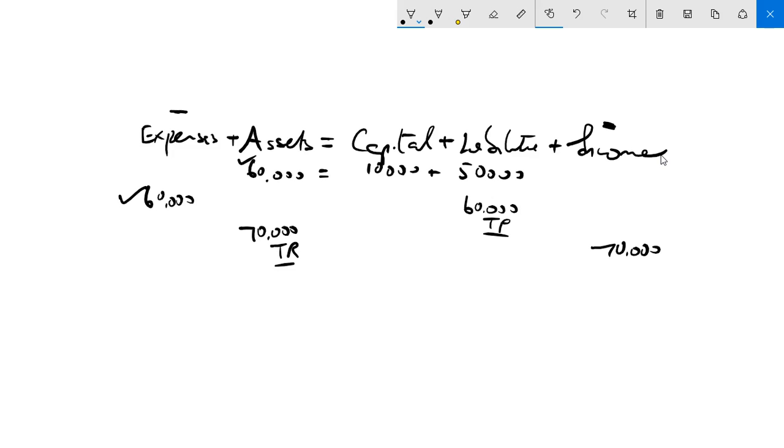I'm just going to do a pretend. I'm going to rub this out in a second. You would hope, right, that you will receive your 70,000 later on in the week. And when you do, this piece of paper gets destroyed. So when you do get your money, you get 70,000 in the bank, and this piece of paper goes. So this 70,000 disappears and the 70,000 goes in the bank.